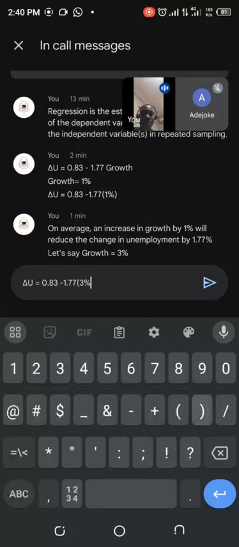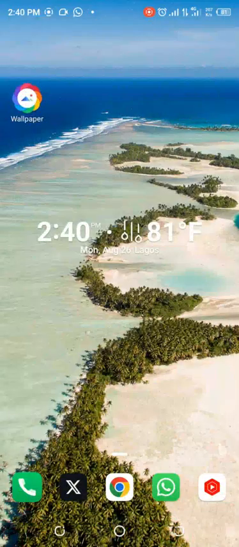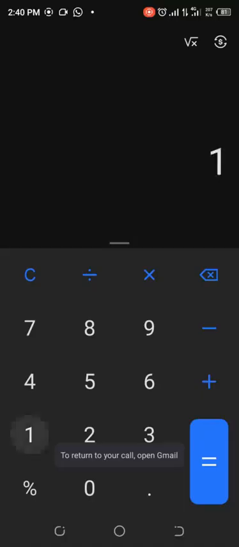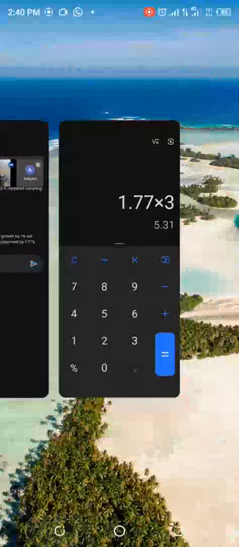So mi ò wo side the 0.83. What we just have to do here is minus 1.77 times 3. Kí ni answer tó máa fún wa? Ẹ jẹ́ kí n lọ lo calculator. 5.31%.